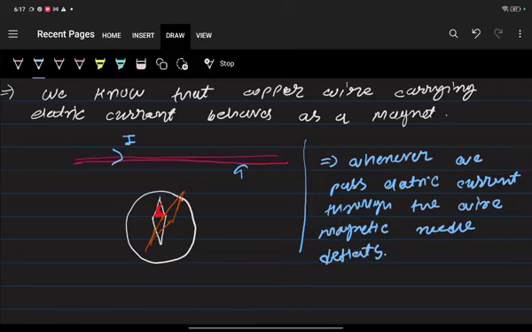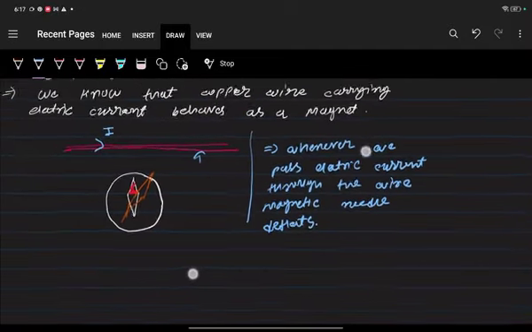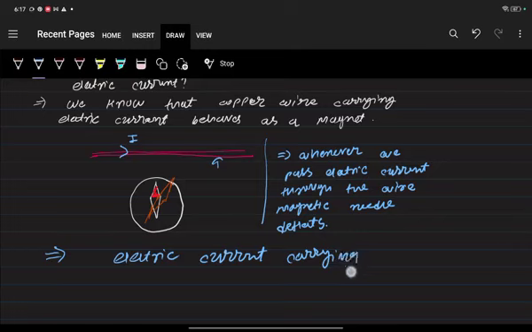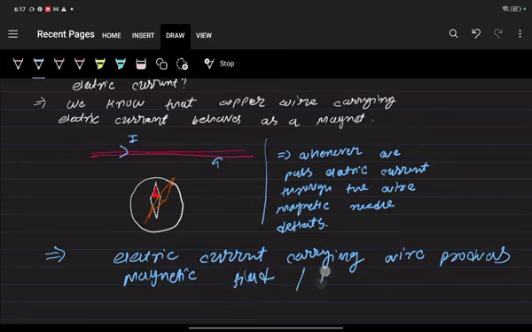So from this experiment we know that an electric current carrying wire produces a magnetic field, or we can say it behaves like a magnet.